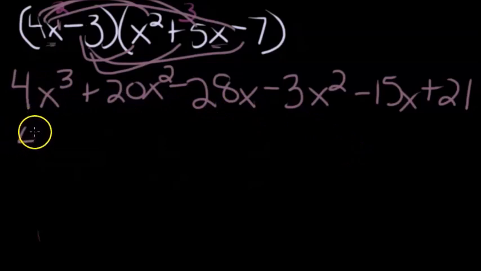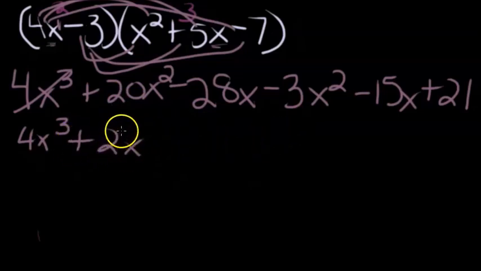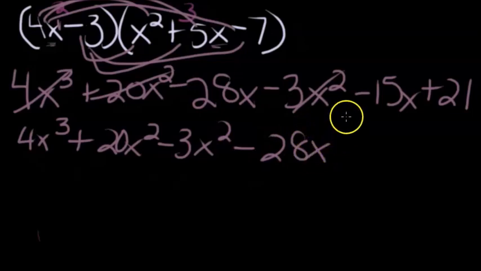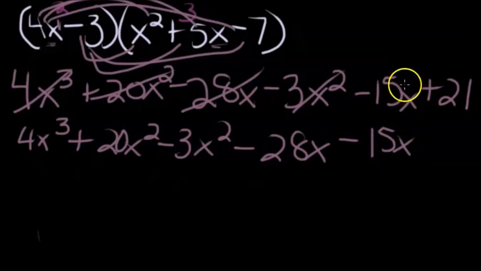So we have 4x to the third. We already used that, so we cross that out. Then plus 20x squared, minus 3x squared, then negative 28x, and then negative 15x, and then plus 21.